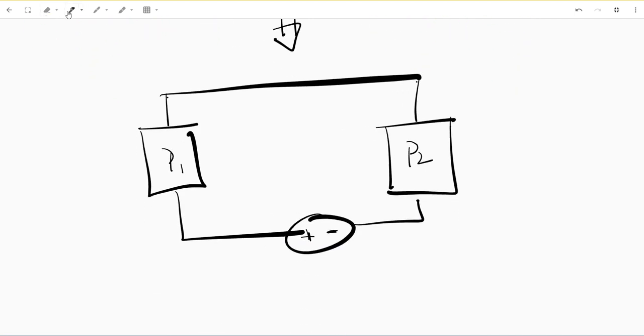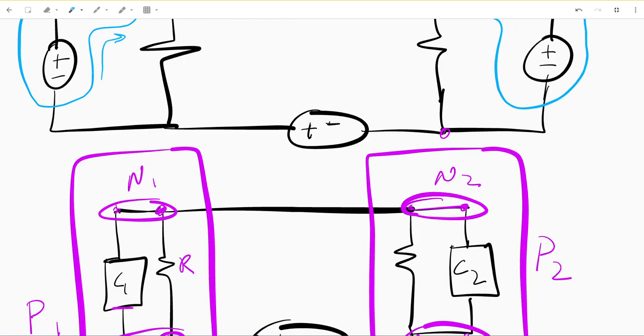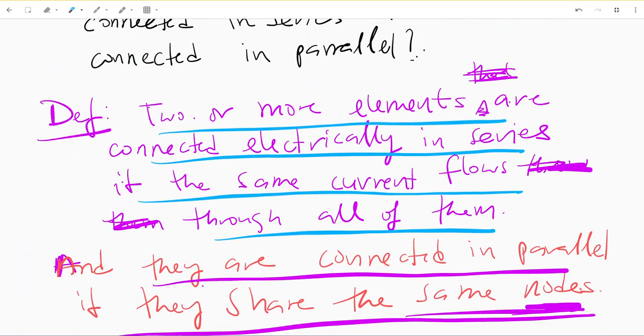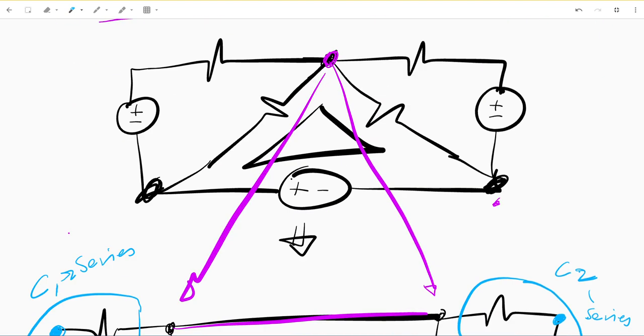And now we again know that these three components share the same current. Again, you can think about it as there's only ordinary nodes in between them. So there's an ordinary node here, here, and here. So they share the same current, or per our definition, they have the same current flowing through all of them.